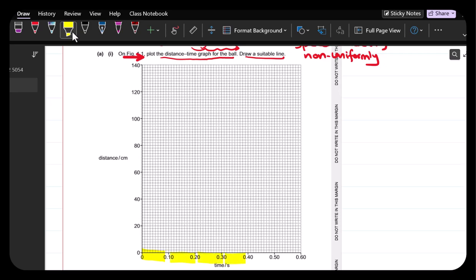You can see the total interval is of 0.6 seconds. And on the vertical axis, we are having an interval of 20, then again 20. So the total distance which is given here is 140 centimeter.